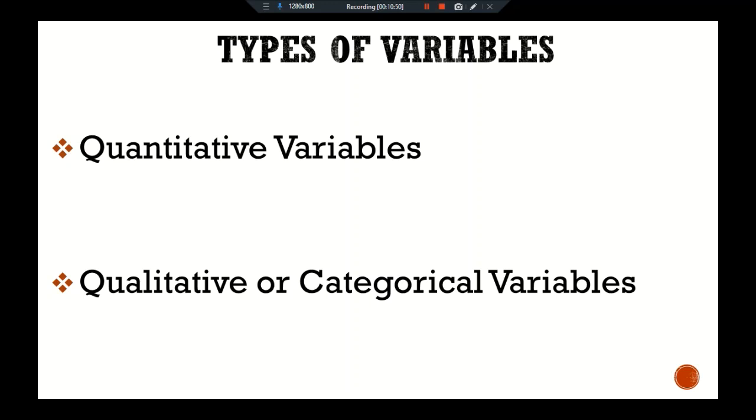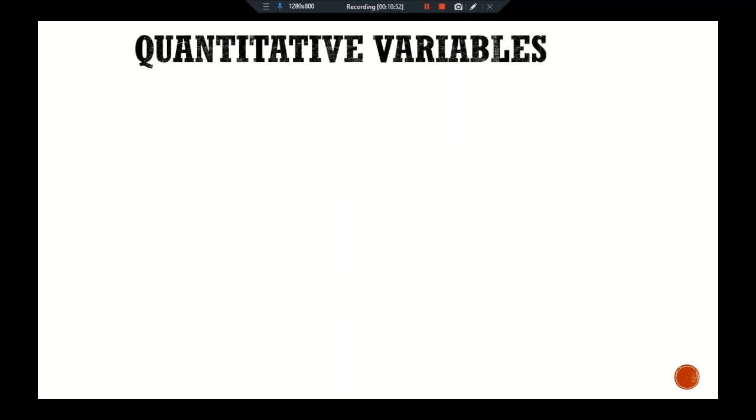So let's first explain the quantitative variable. Some variables such as the price of a home can be measured numerically, whereas other variables such as hair color or love cannot be measured in the form of numbers.